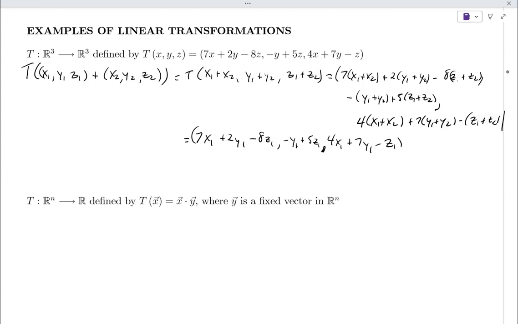That's a comma there. And then plus the same exact thing, but with 2's rather than 1's as subscripts.